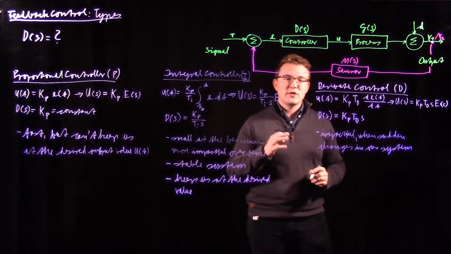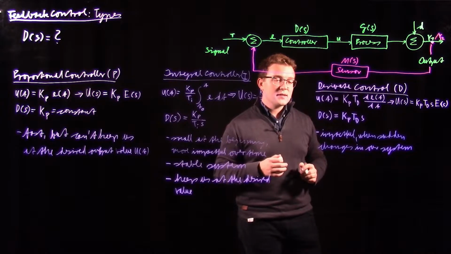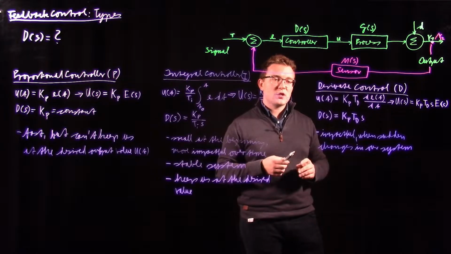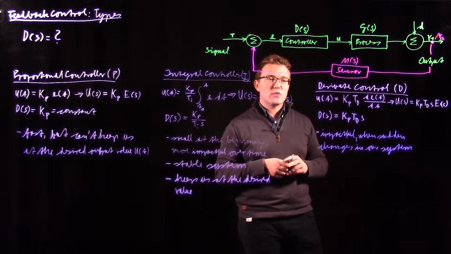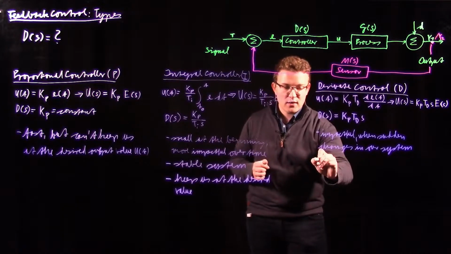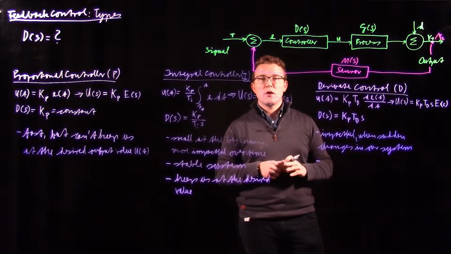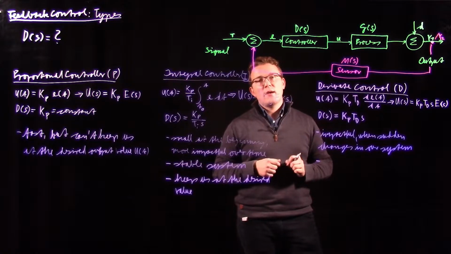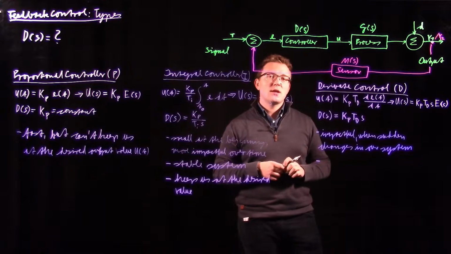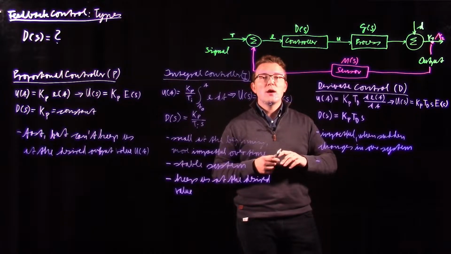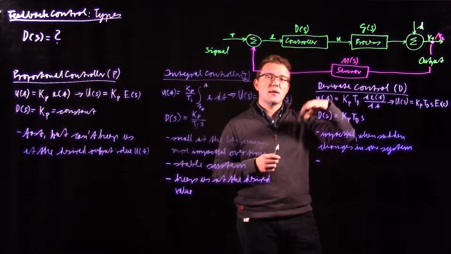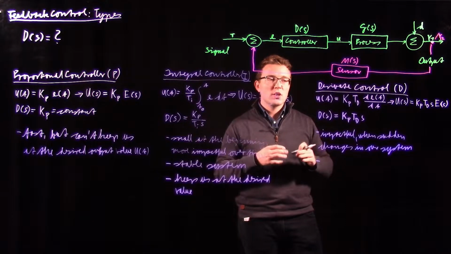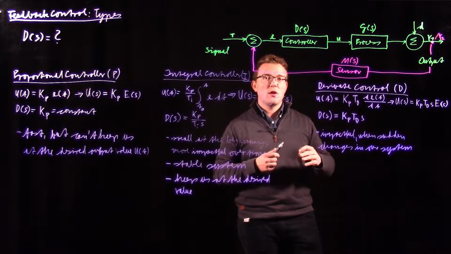So it is impactful when we have sudden changes in our system, and this of course has also a drawback, because on the one hand it is quite useful to have such a fast and very responsive controller, but on the other hand, if we have some kind of background noise, then this controller actually is quite problematic, because if you imagine a constantly fluctuating signal, then this controller detects that there's a lot of change, therefore it also changes a lot itself.